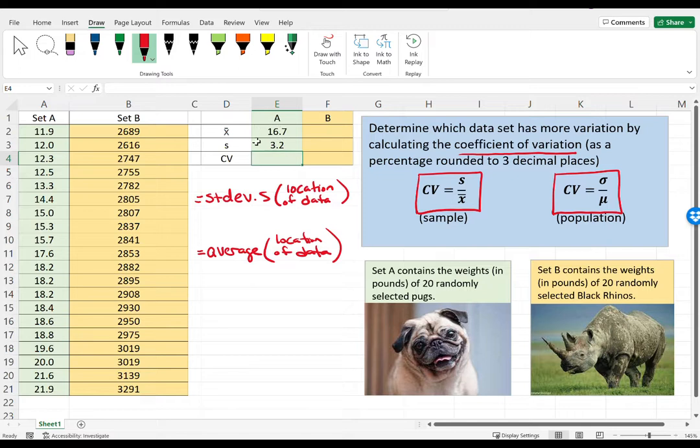Now that we have these two values for the coefficient of variation, we can divide them. So I'll say equal, and I'll just click on the locations: the standard deviation, which is in location E3, divided by the mean, which is in E2.